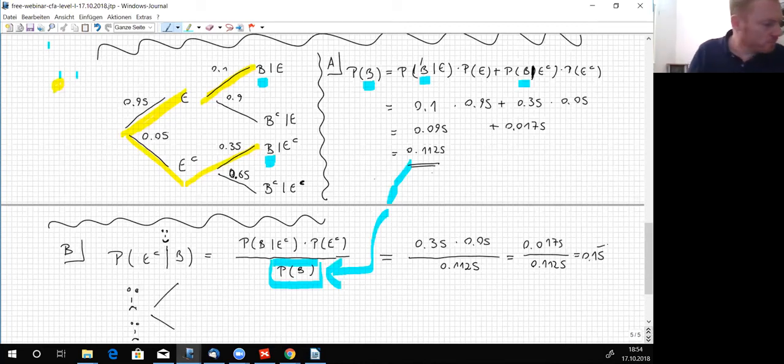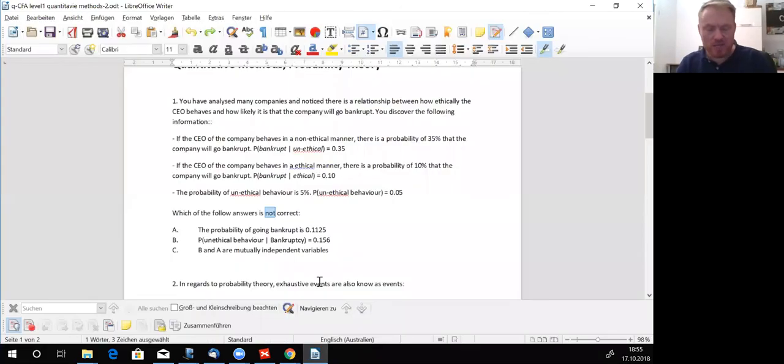Okay, cool. And of course, we need to round it. So 0.156. Let's just round it this way, meaning that answer B is a correct answer, because 0.156 is correct.